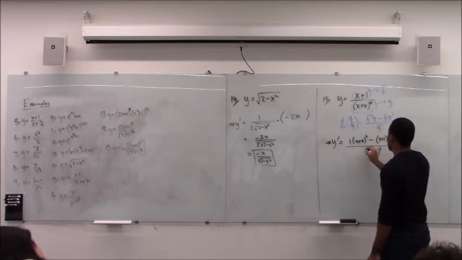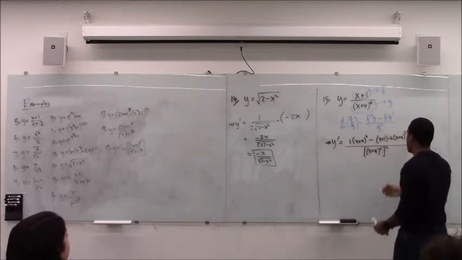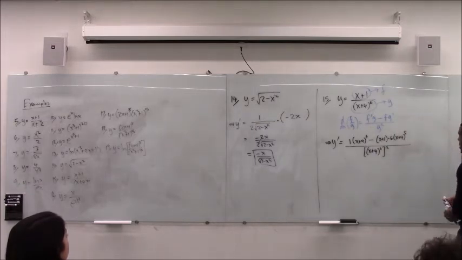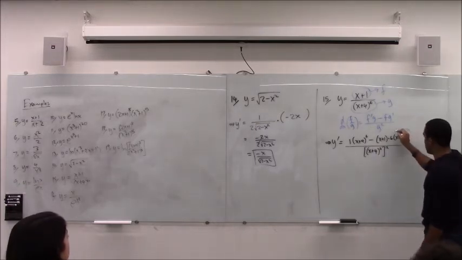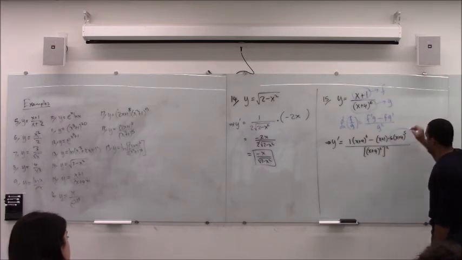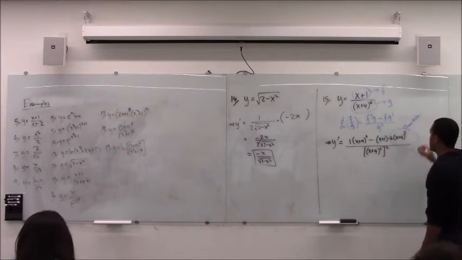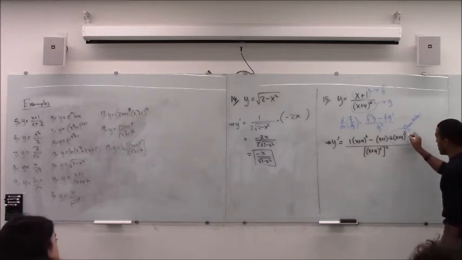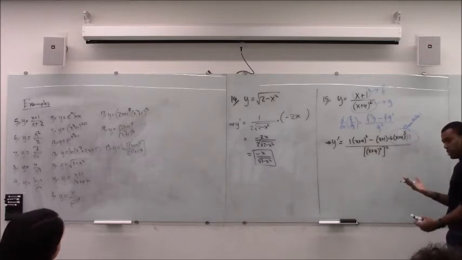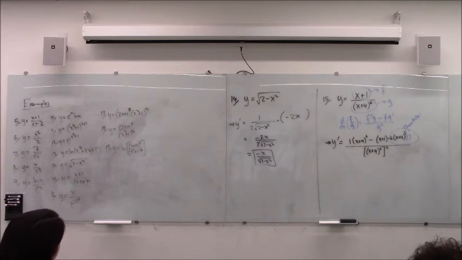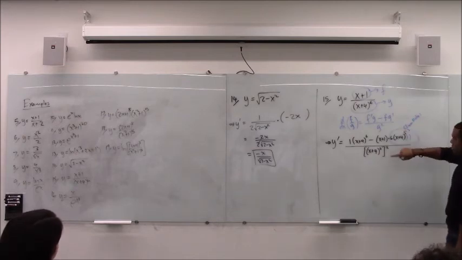Now, how did you actually differentiate this part over here? I'm using the chain rule. Notice that you need to apply the chain rule here. The derivative of the inside is actually 1, so technically it was there, but we didn't have to write it down. You differentiate the outer function and multiply by the derivative of the inside.